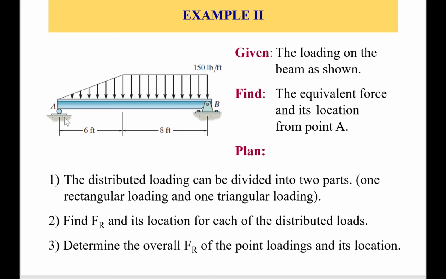One is from 0 to 6 feet, a triangle shape. And then from 6 feet to 8 feet, it's a uniform shape, a rectangle. The values are given. The maximum value for the rectangle is 150, and here it's 150, the maximum value for the triangle. We want to find first the equivalent force and the location of that equivalent force from point A.